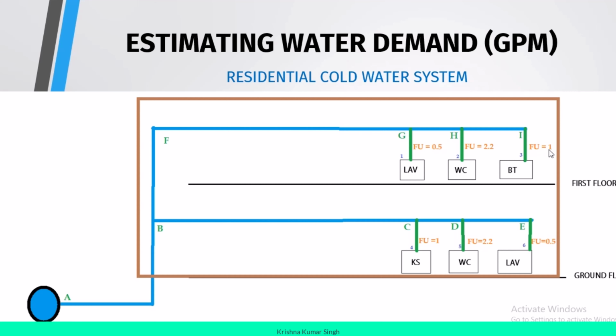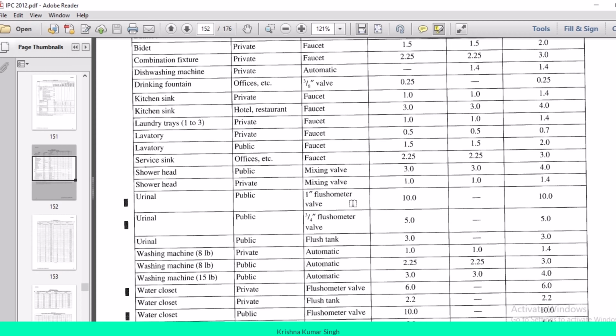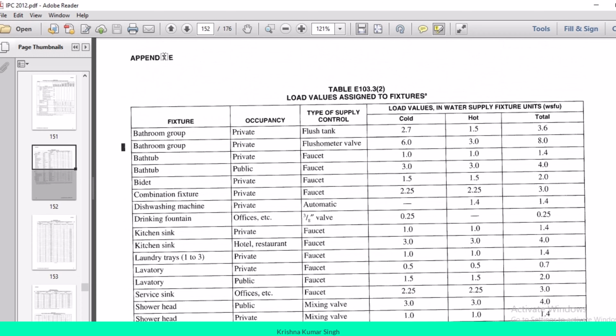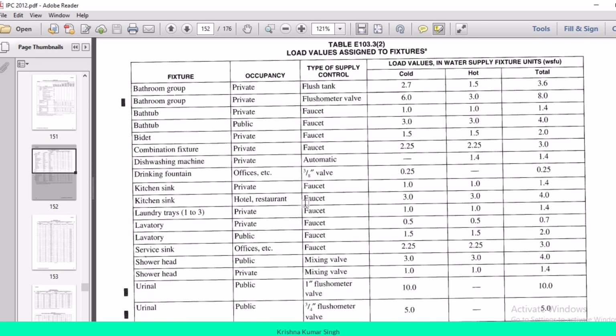So how do you get one? You have to open Appendix E, page 152, Table 103.3.2. For bathtub, private occupancy, the cold value is 1. Please remember, I am considering only the cold water supply system.